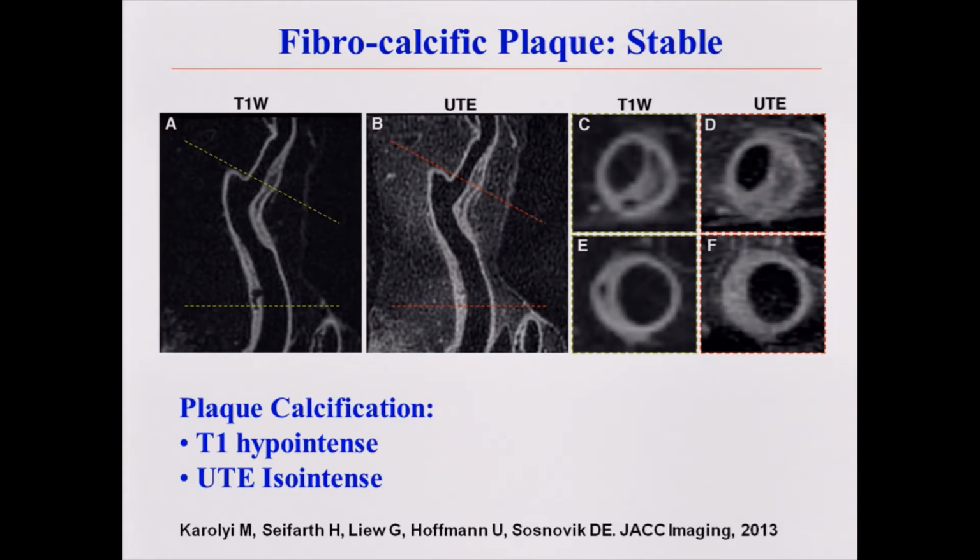And how do we know it's fibro-calcific? Well, we use a combination of MR contrast mechanisms, T1 weighting, and then this one in particular known as ultra-short TE MRI. Putting the two together allows us to have a very specific tissue signature of calcified areas.